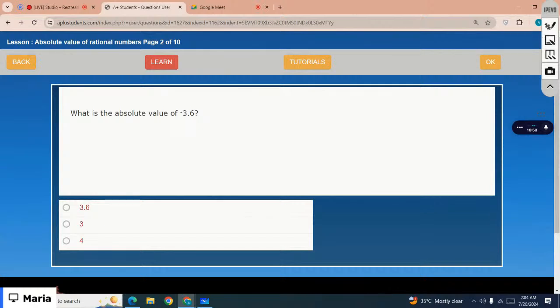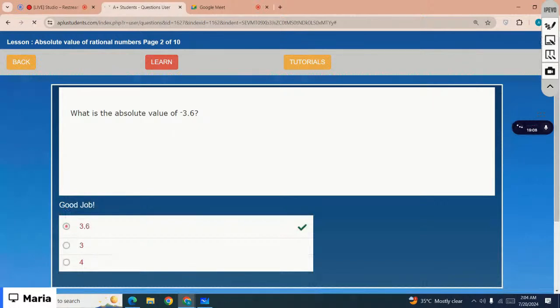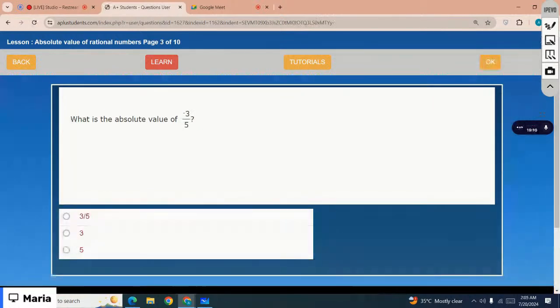The absolute values are always the positive values. So the correct option is option number 1. They are the positive values, so the correct option is 3.6. What is the absolute value of negative 3 by 5?